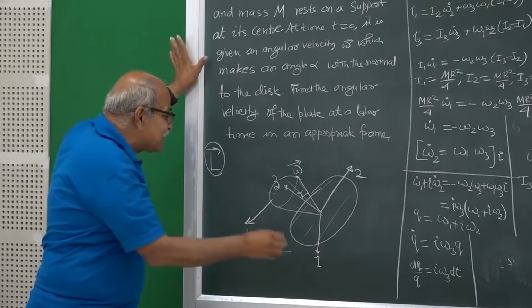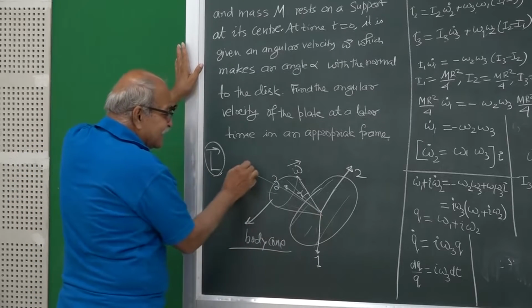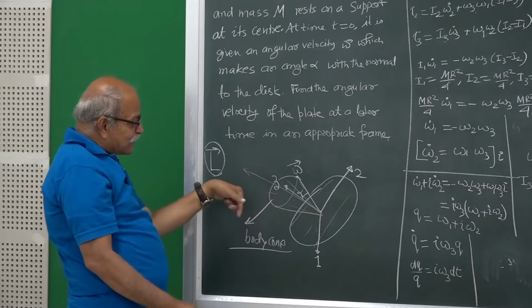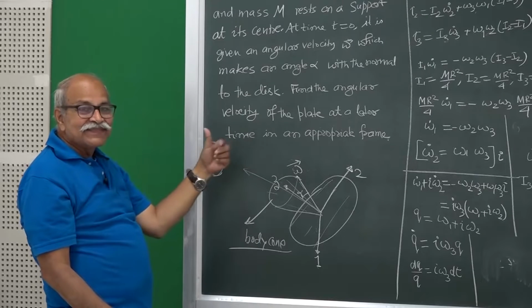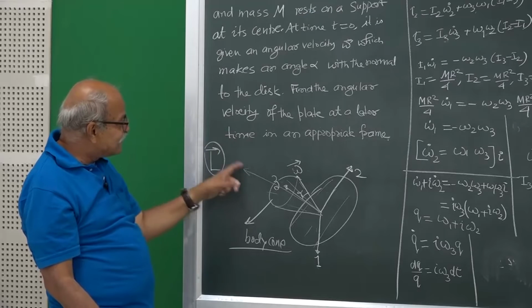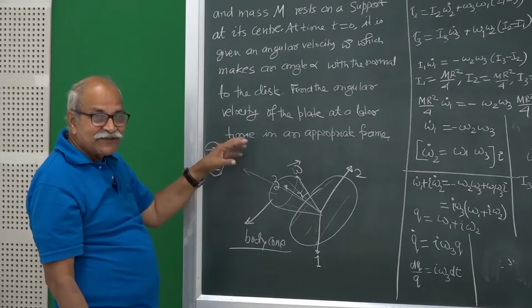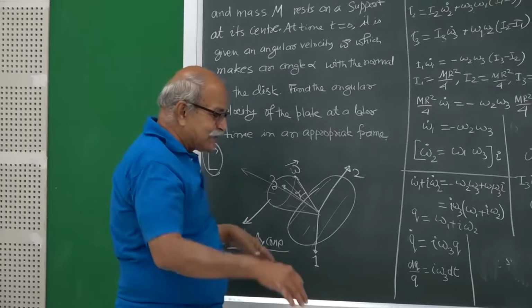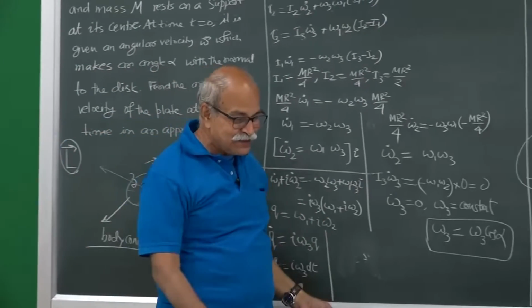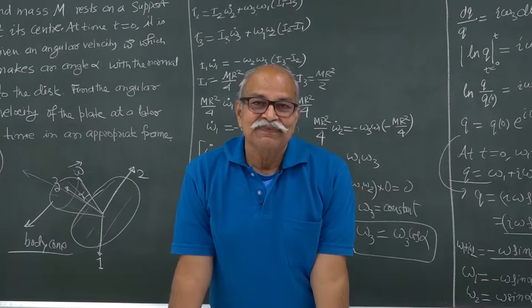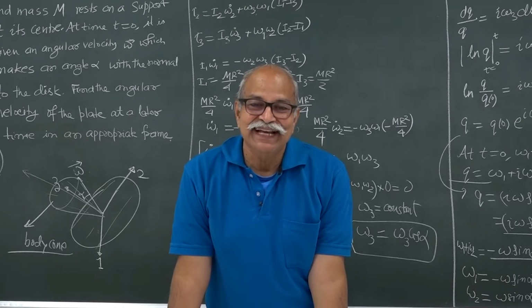So, this L will have a fixed direction, and then this 3 axis will go around this L vector, and that is yet another cone which will be made. So, these are the body cone and the space cone, which are somewhat more advanced topics that I will not be taking up. In the next lecture we will take some more problems on rigid body dynamics and see how we solve them.